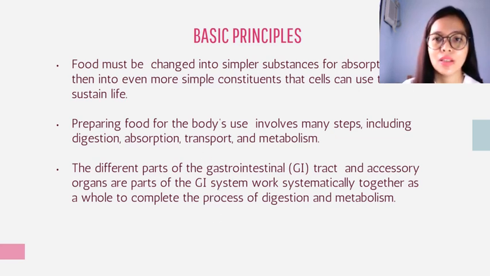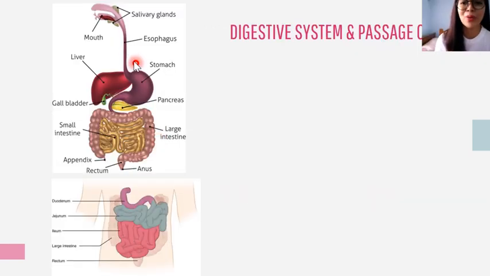Okay, so let's now proceed with your digestive system. Okay, so lo and behold, this is your digestive system. Okay, your amazing GI system, and I just like to give you a refresher of the anatomy of this system.